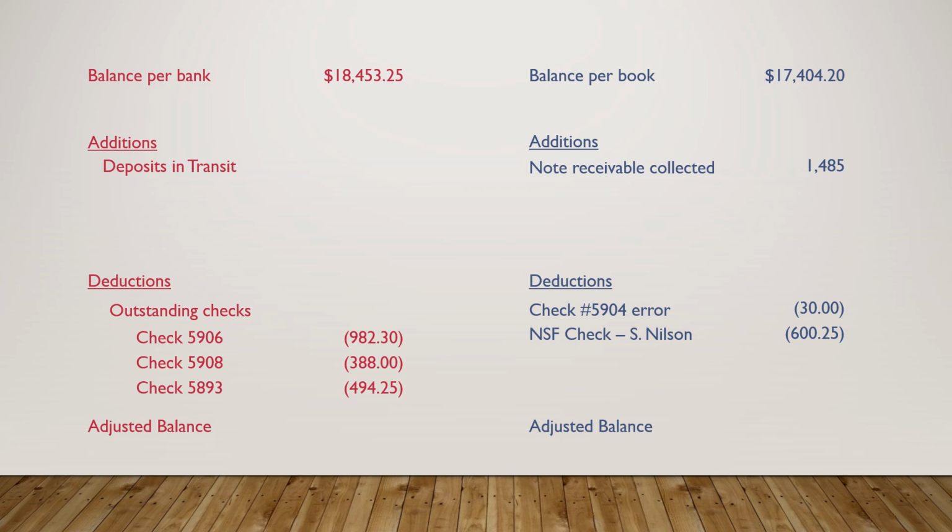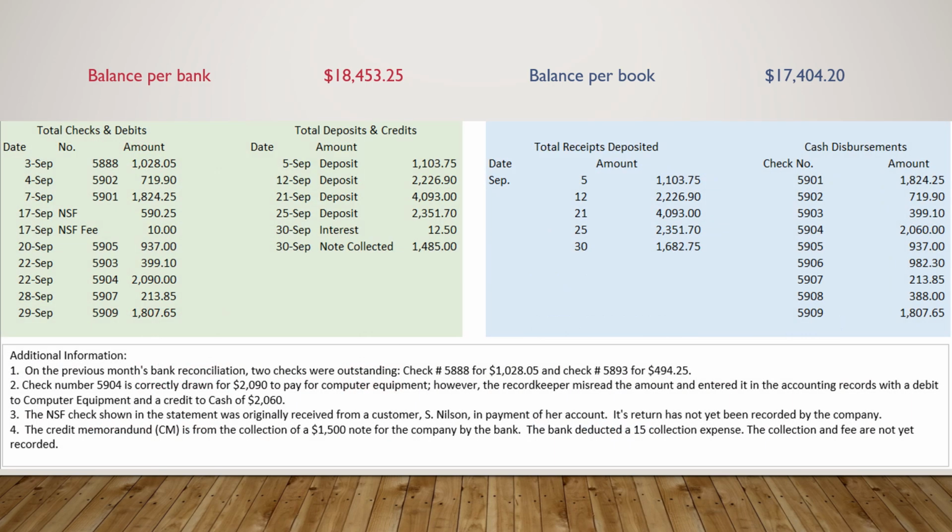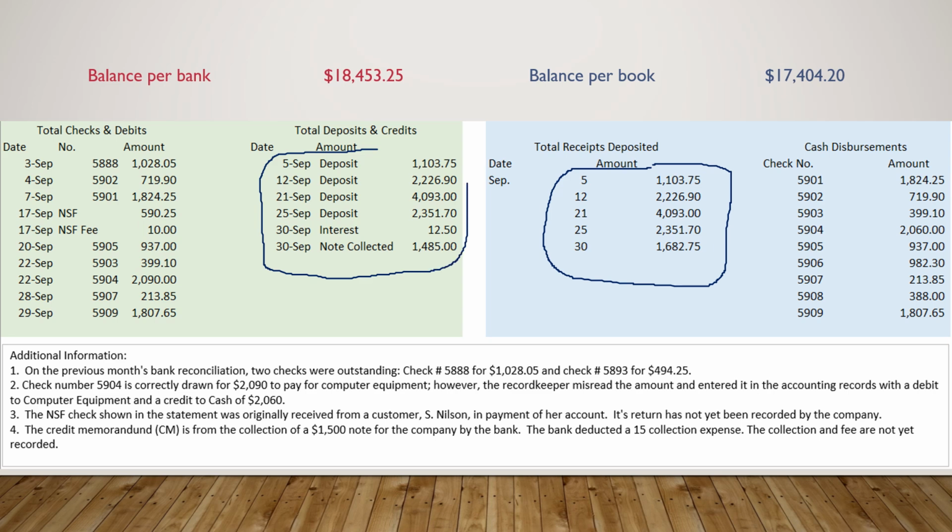Look back to our bank statement and general ledger. Over here, we have our list of deposits recorded in our accounting records. And over here, we have those that have cleared the bank. Just like outstanding checks, we want to isolate the deposits that are in our records, but not in the records of the bank.